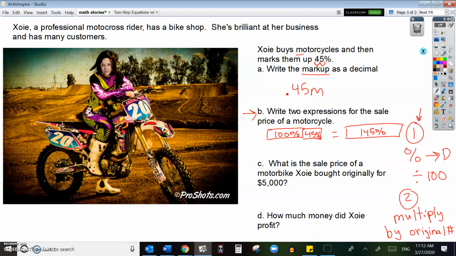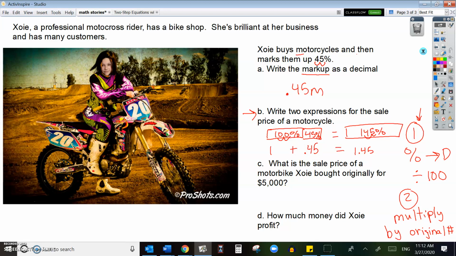Convert the percent to a decimal by dividing by 100. So 145 becomes 1.45. 100 becomes just 1 because you move your decimal place twice to the left, plus 45 with the decimal moved twice to the left is 0.45.